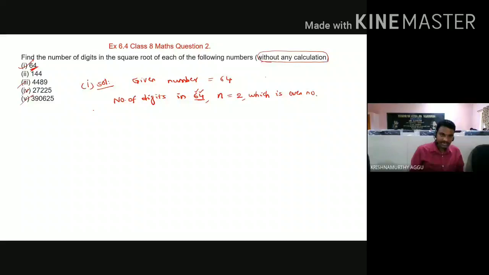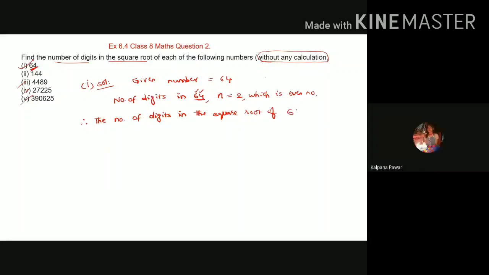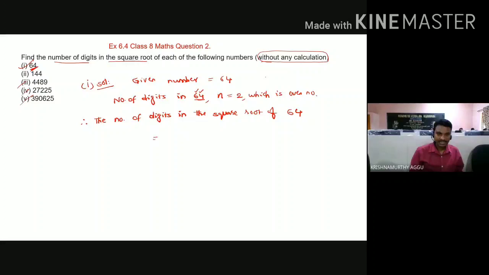So you need to find out the number of digits in the square root of the given number. Therefore, the number of digits in the square root of 64 is equal to... Already you have decided the number of digits in the given number is even.